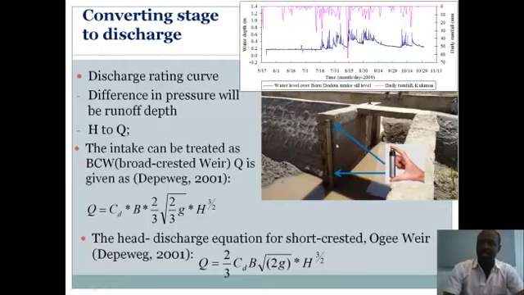Then subtracting the value measured by the top diver from the bottom diver will give us the water depth which passes that section. And this is really interesting because we can measure even with more temporal resolution.